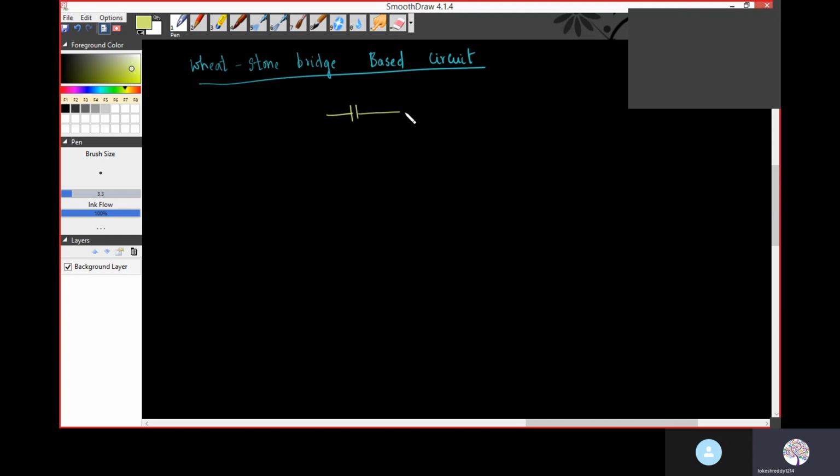This is capacitor C1, this is C2, and then you have another capacitor here, and here you have one capacitor. You connect like this, and you connect like this. So this we call a Wheatstone bridge based circuit.